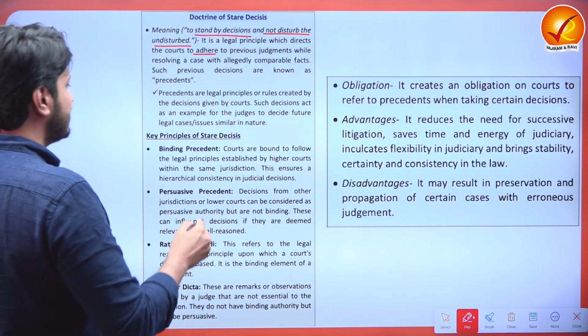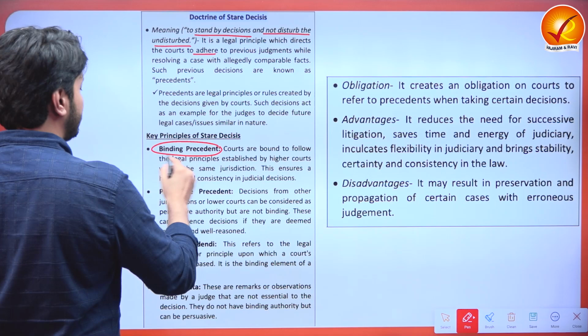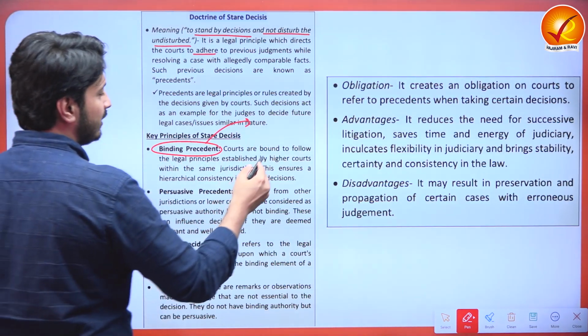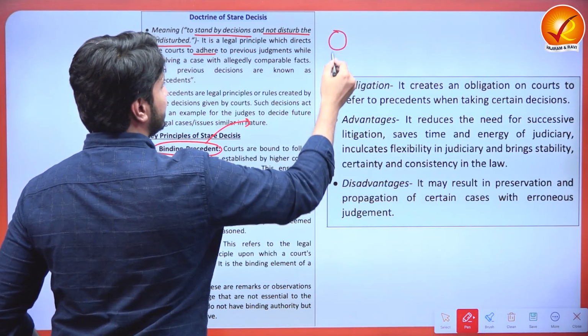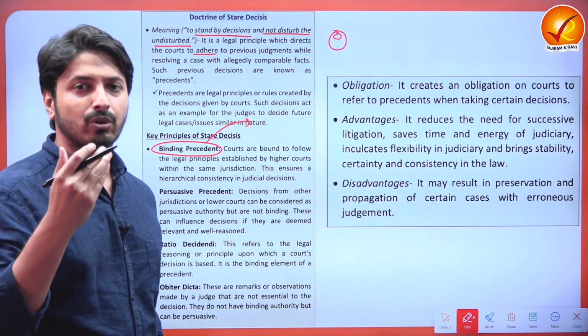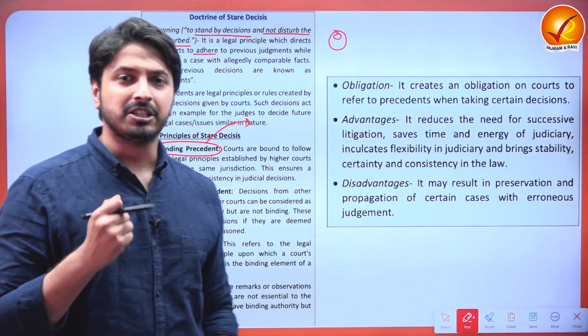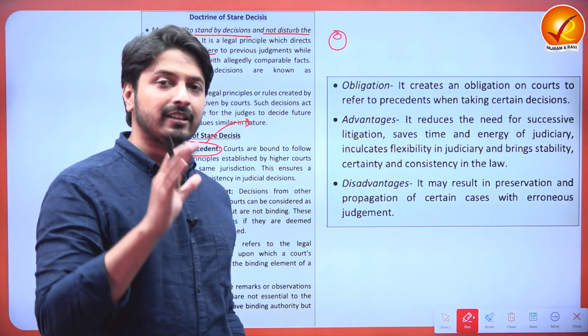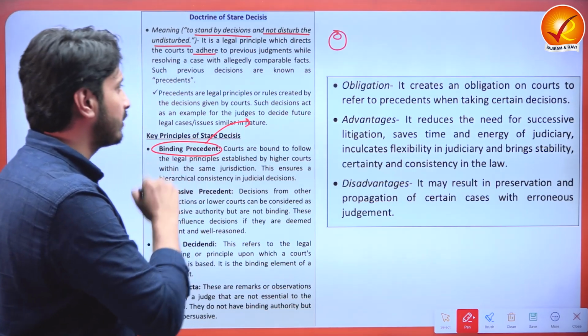There are two sets of precedents. One is binding precedents: if in the same jurisdiction a higher court had ruled in such a way that it created a precedent, then the other court has to follow that precedent.